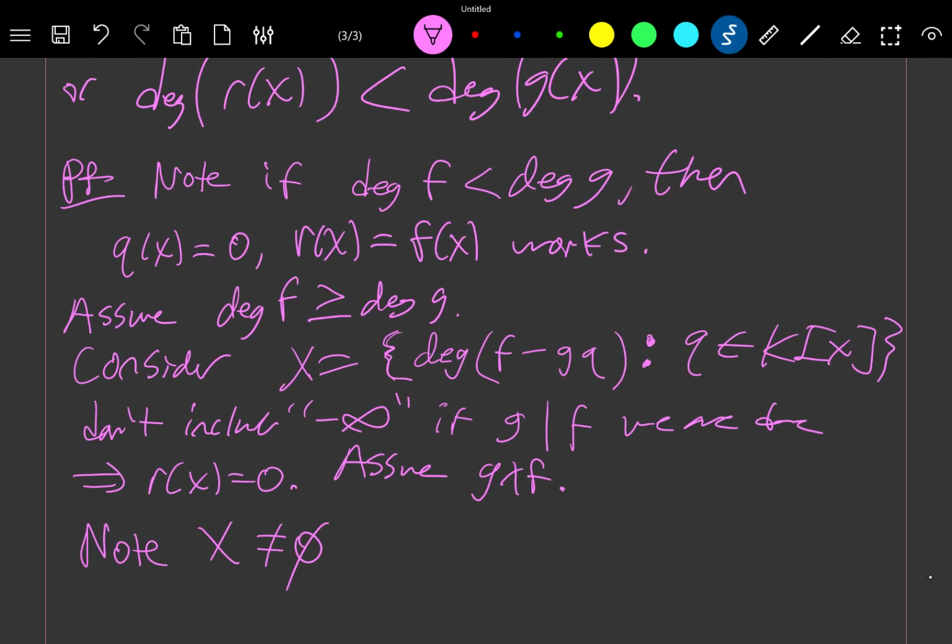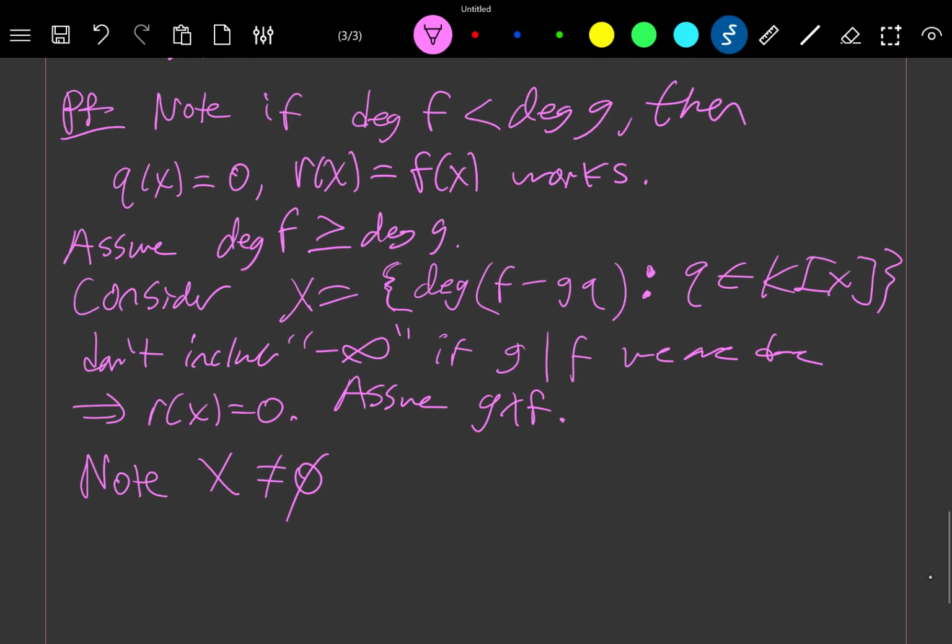So we know that some degree exists. So by the well-ordering principle, there exists a smallest degree. But here, I want to make sure that the smallest degree is what gives us our r of x.